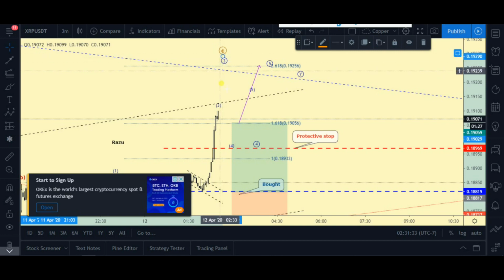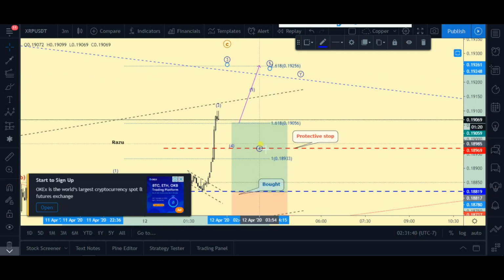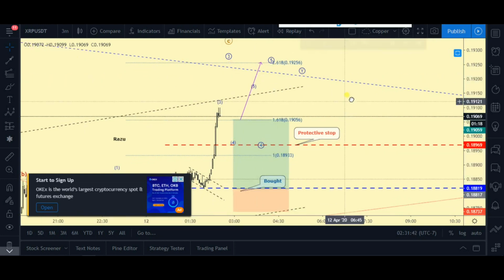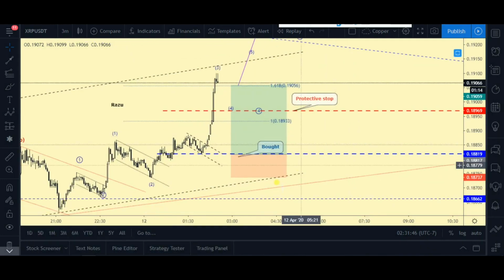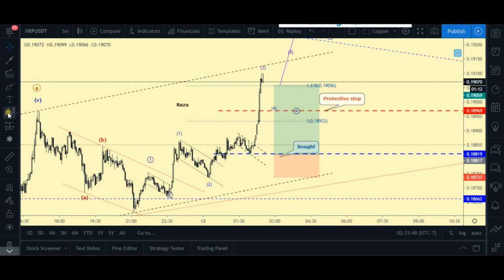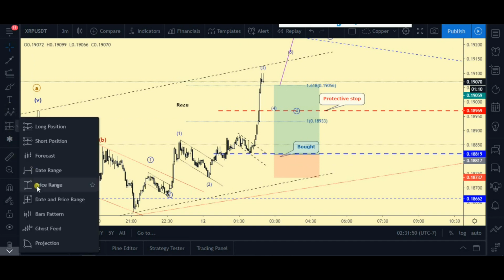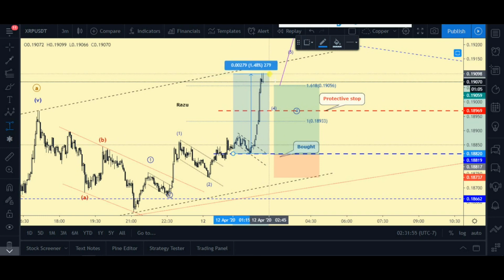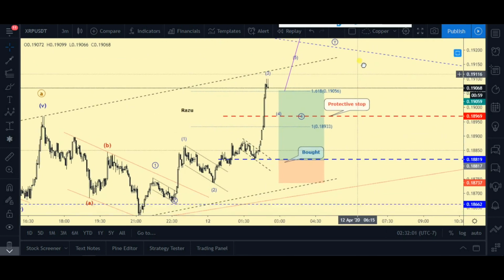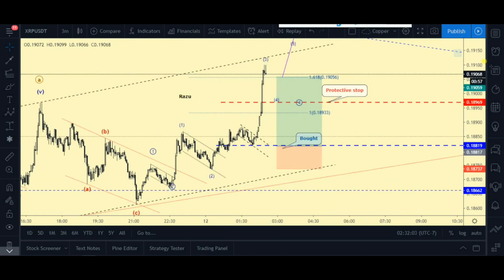So in that case the channel line resistance is also there. A big move we have captured here. So that would be around from here to here is 1.48%, very good, especially if you are margin trading in cryptocurrencies.